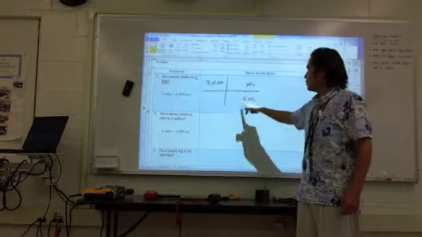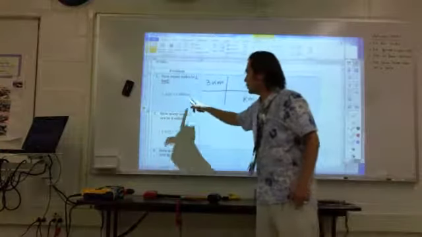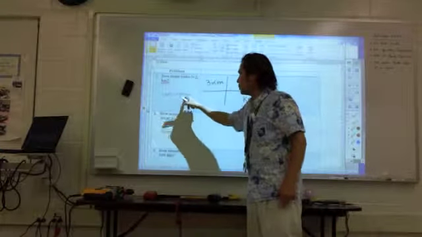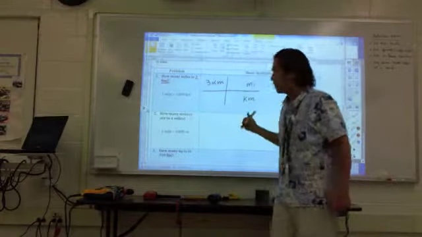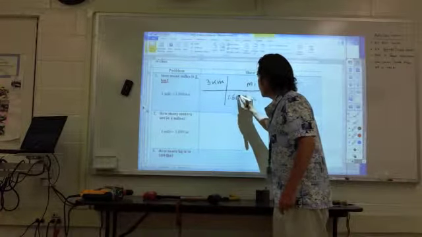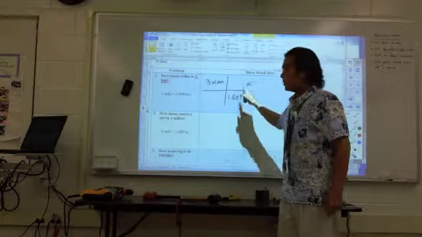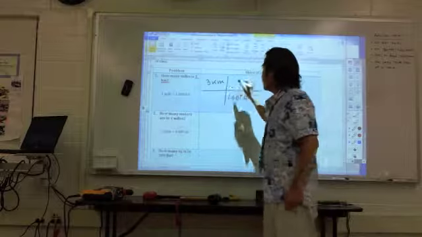What goes next to a kilometer? Well, look at the conversion factor. The number next to kilometer is 1.609. So I write 1.609. What's next to the mile in the conversion factor? It's 1.